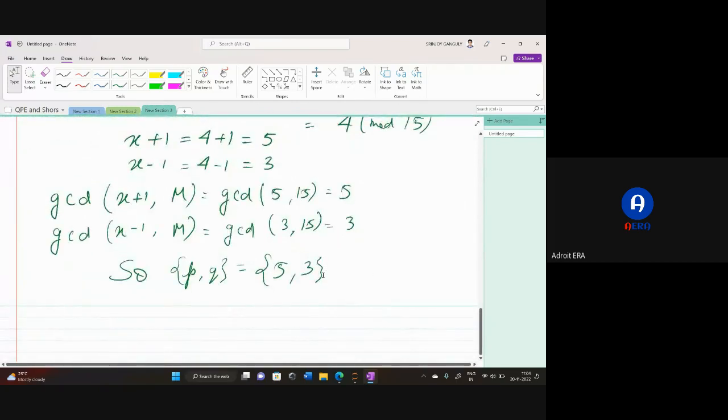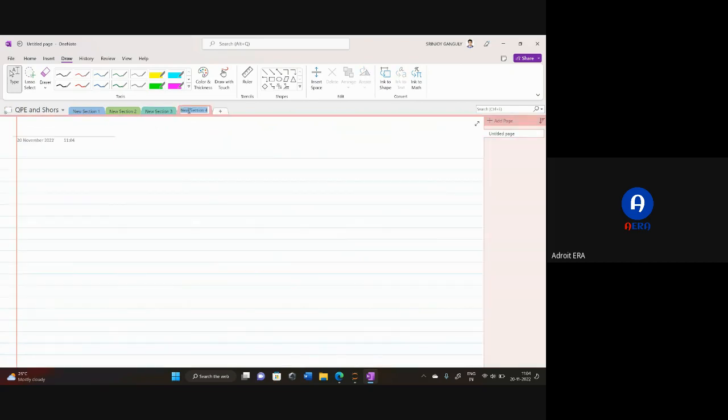Now, what will be the quantum circuit for this? Let us see what will be the quantum circuit of Shor's algorithm. Let us do it on the next step. Quantum circuit, because remember we have to solve this problem using a quantum circuit, right?